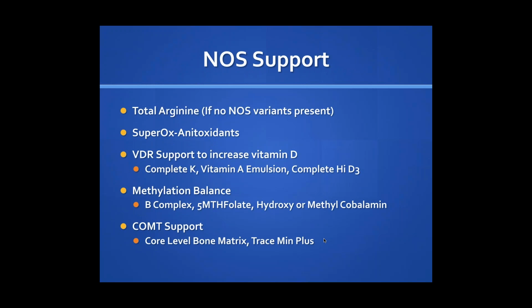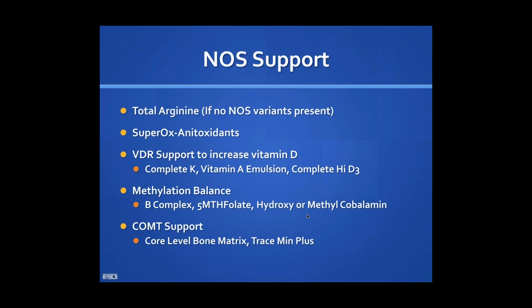So some of the supplement supports here: we have Total Arginine, which is great if there's no nitric oxide synthase variant present. Definitely that Superox product will help clean up some of the antioxidants. VDR support, we have Complete K, vitamin A, and Complete High D3 to increase the vitamin D. We have methylation balance, B complex, which includes the active forms now.